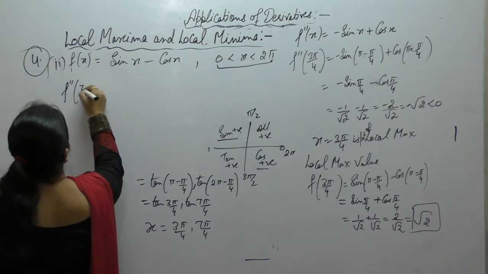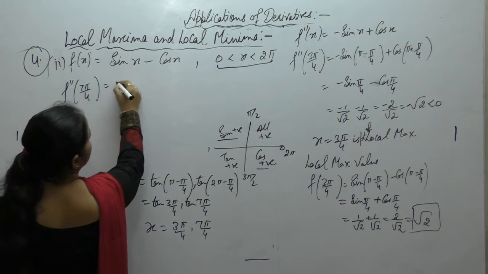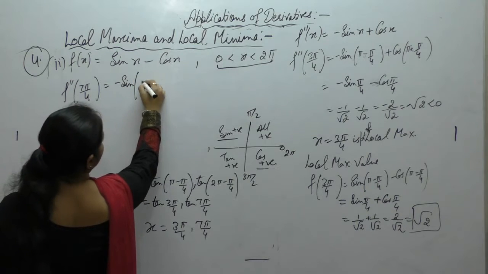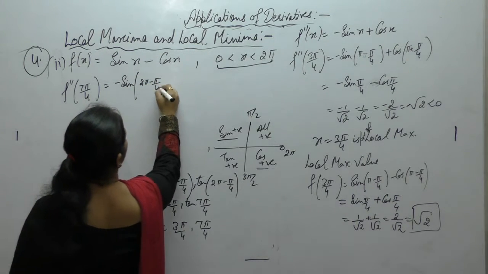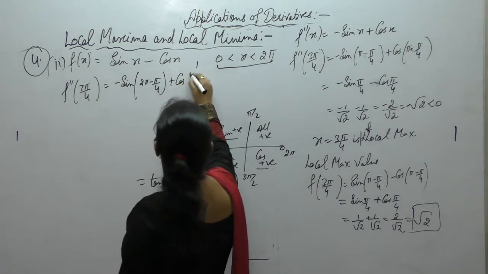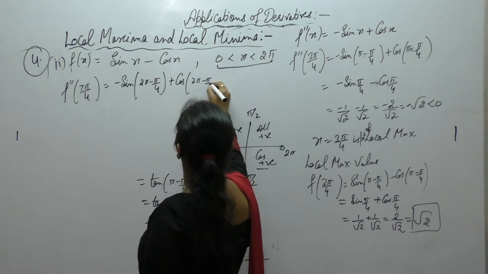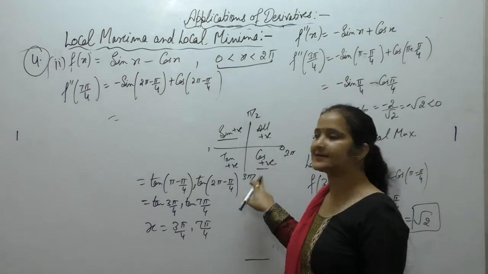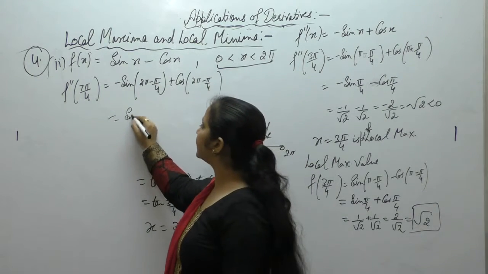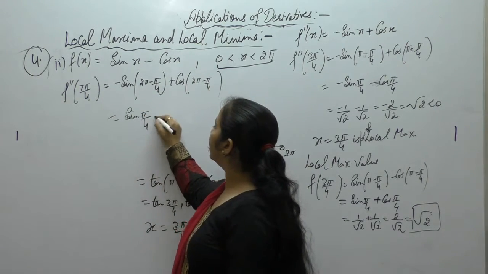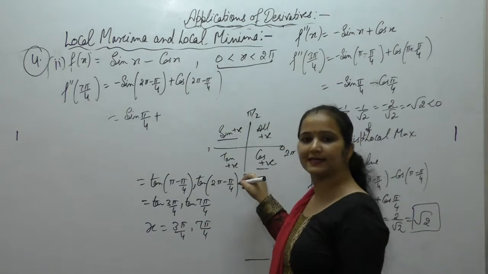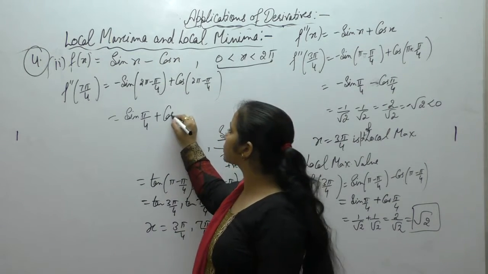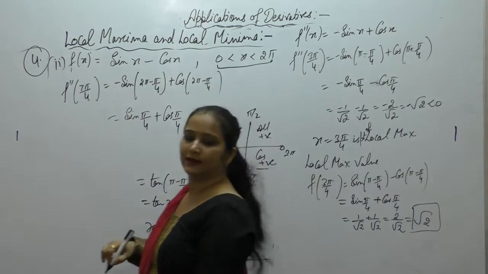f double dash at 7 pi by 4: minus sine 7 pi by 4, we can write it as 2 pi minus theta, plus cos. Now sine of 2 pi minus theta is negative, so minus minus plus here, and cos of 2 pi minus theta is positive, so plus cos pi by 4. Clear?